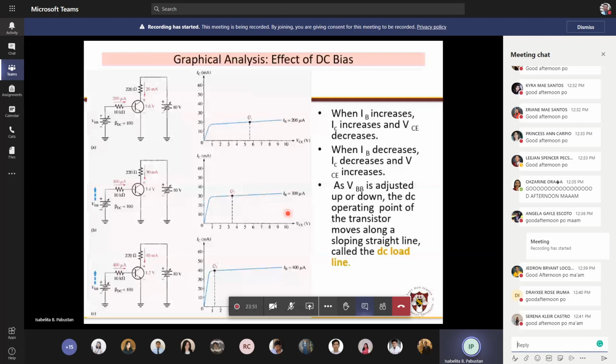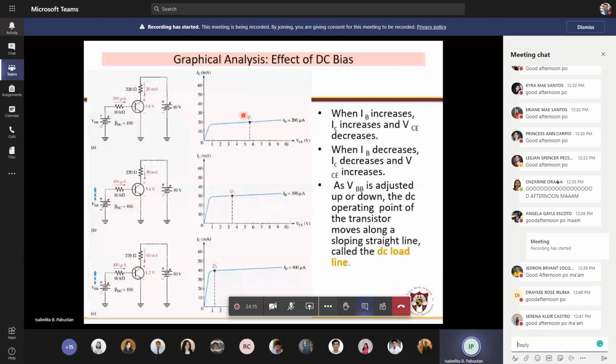That one is the IC wherein it started to become constant, di ba? At this point, after the VK, you remember that last meeting? After the VK, the IC is almost constant na. Okay? That is the result of the computations that we have.